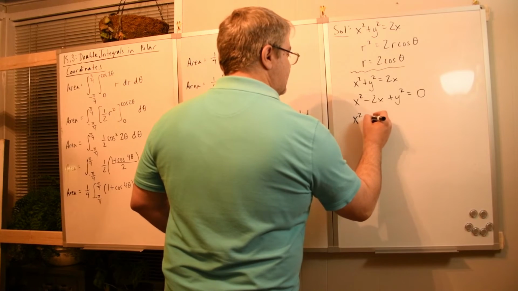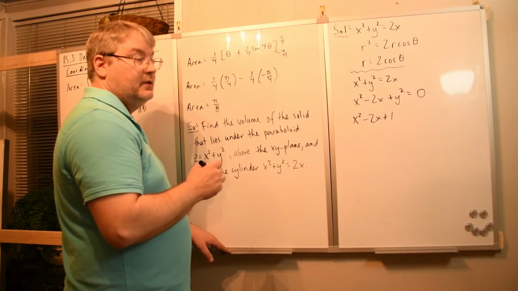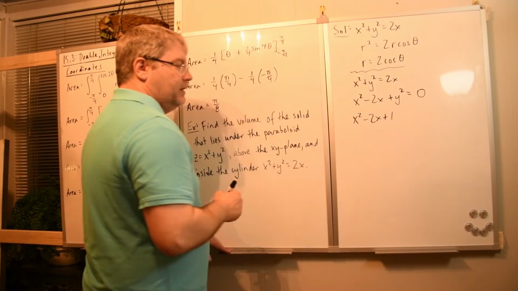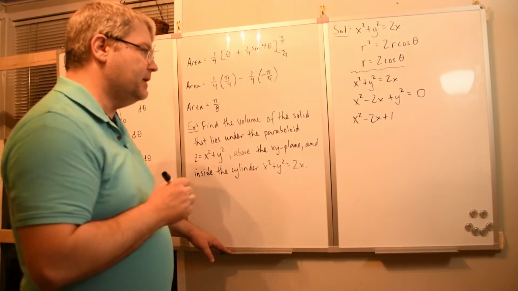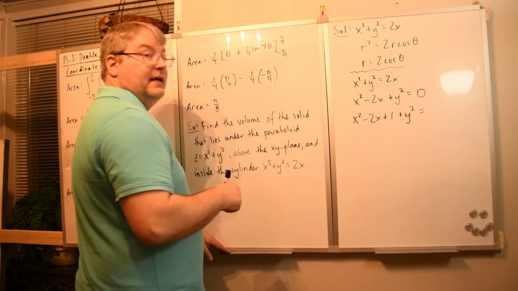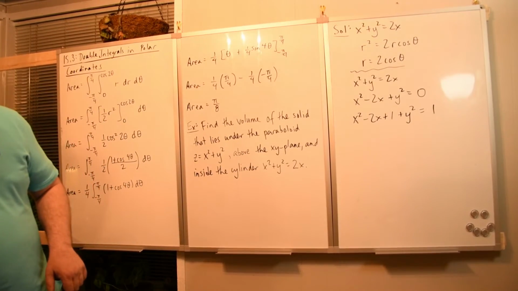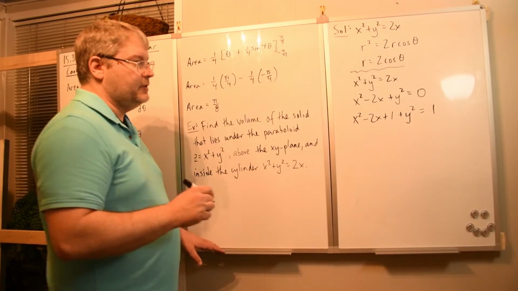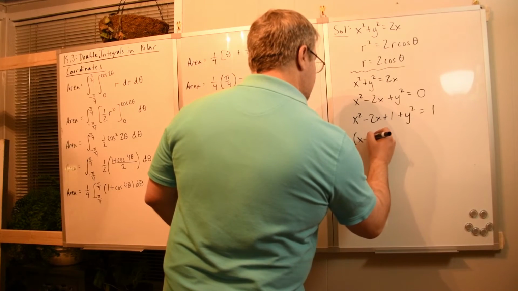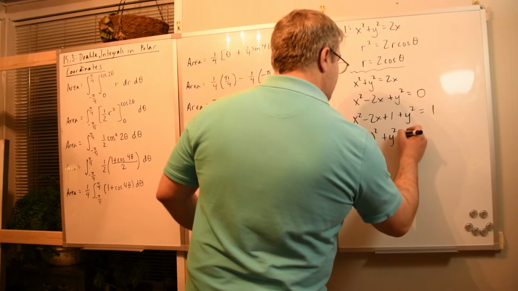So you'd have x squared minus 2x plus 1. Got to take half the coefficient of x and square that. Half of negative 2 is negative 1. Square it, you get positive 1. But if we added 1 to the left side of the equation, got to add 1 to the right side as well. So this x squared minus 2x plus 1, same thing as x minus 1 raised to the second power, plus y squared equals 1.